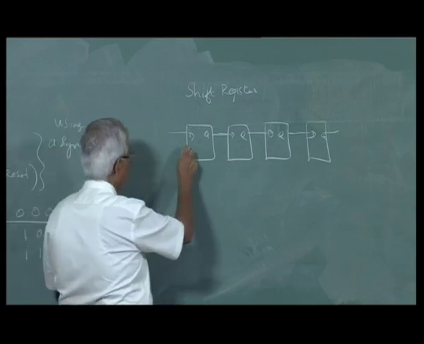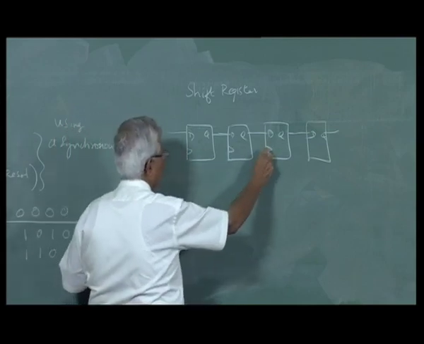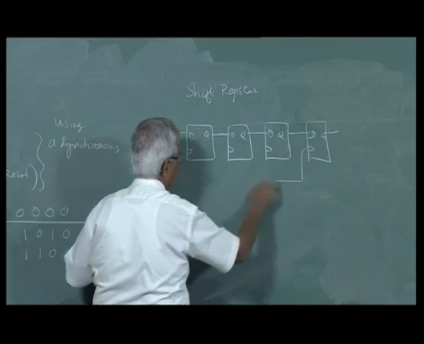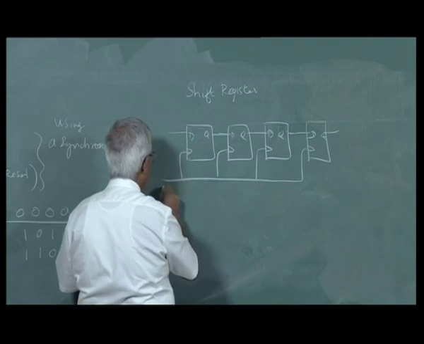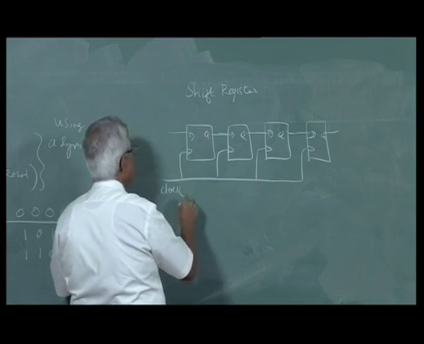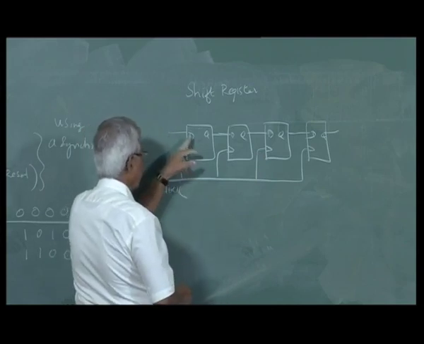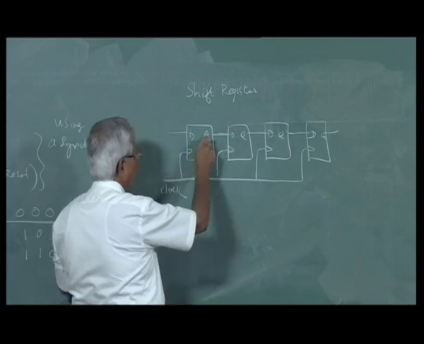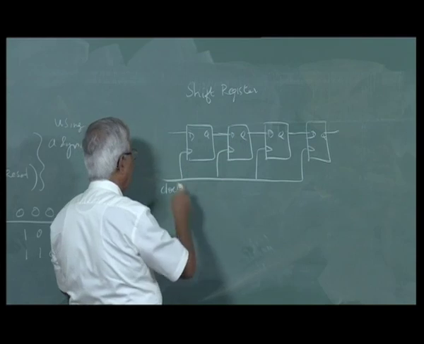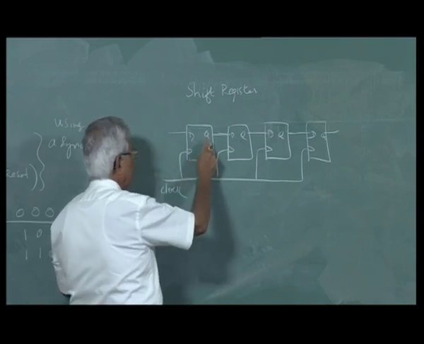So I can clock it all at the same time. When I clock it, whatever is at this D goes here, and whatever is the previous Q goes here. Now after one clock cycle, this Q will go here.